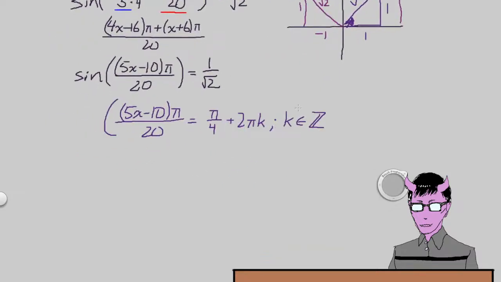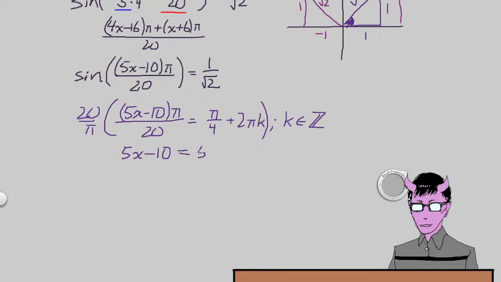Algebraic manipulations, let's get to it. So let's just multiply both sides by 20. Want to cancel out that pi, so 20 over pi to both sides. So this one will cancel with this, and this one cancel with this, freeing the 5x minus 10. And distributive property, pi's cancel, 20 divided by 4 is 5.